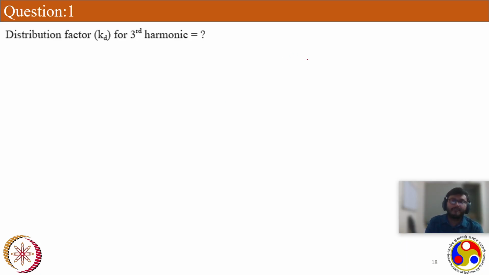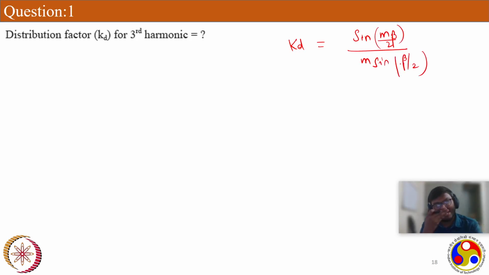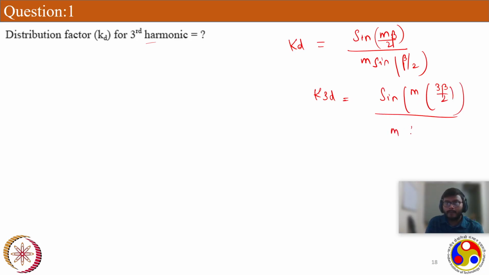Okay. Distribution factor. I'm sure you remember the distribution factor formula. That is sine m beta by 2 by m sine beta by 2. We already looked into detailed derivation of this today. Now here we are trying to eliminate third harmonic and K3D. Now sine m 3 beta by 2 by m sine 3 beta by 2.